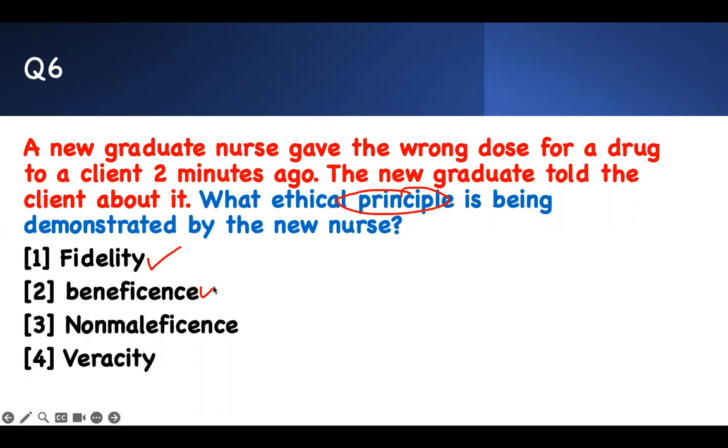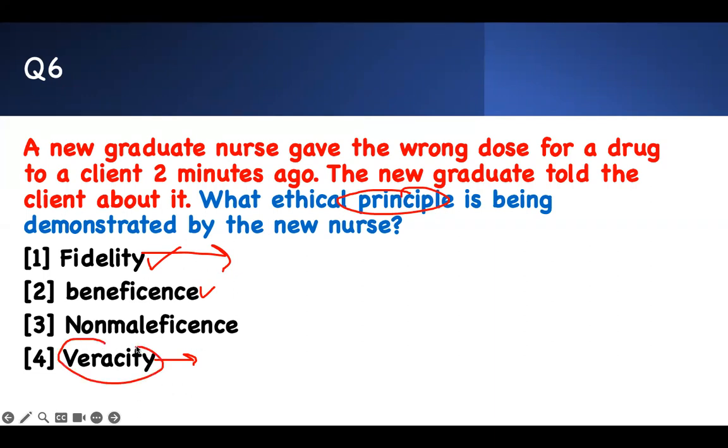You know that this is not beneficence or non-maleficence because it does not make sense. You are not doing harm or doing good, but it has nothing to do with the patient. You tell the truth even though it hurts. This is fidelity: you keep your promise. Sometimes some people put truth there, but I always use promise and I say you are faithful and you keep your promise.